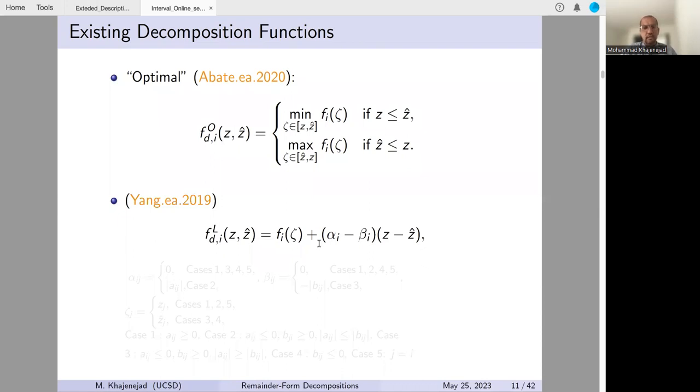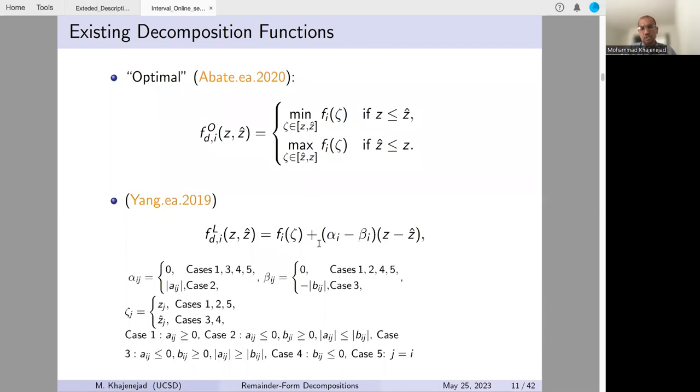It is very computationally efficient and can be applied to almost all classes of systems, but it is not necessarily the tightest one.